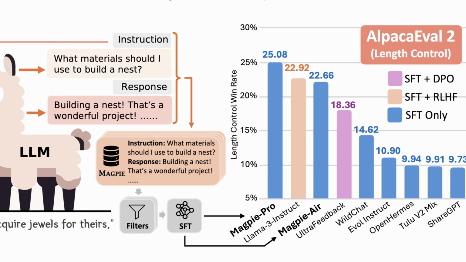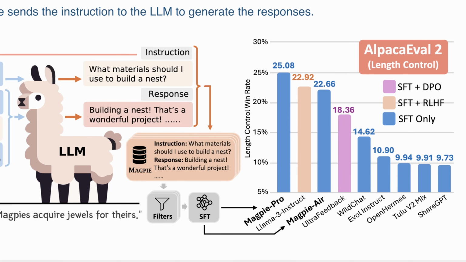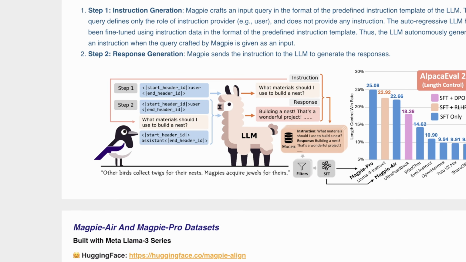Just using SFT with Magpie Pro even outperformed SFT and DPO, which is pretty cool. And the great thing is, in theory, there can be far less human interaction, instead of maybe doing some final alignment tuning. I think this is pretty cool.